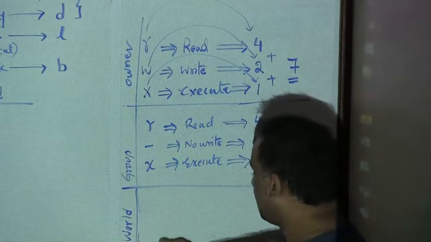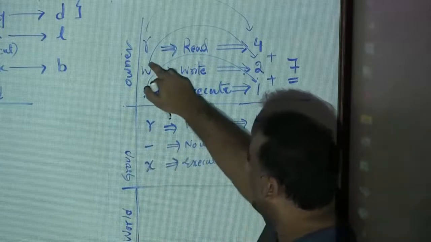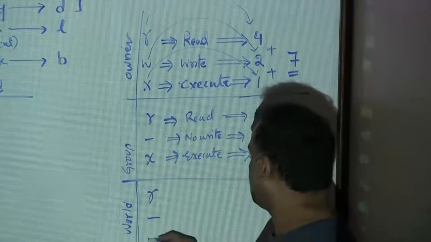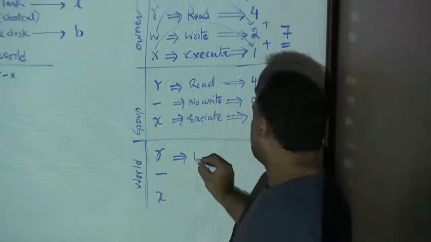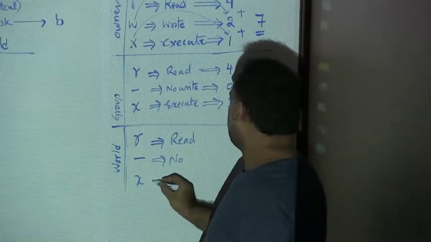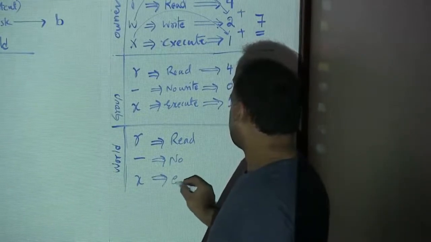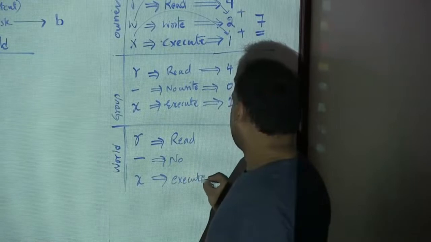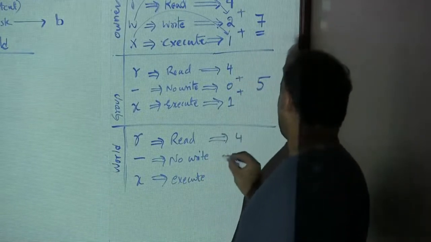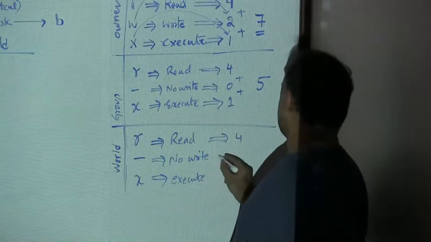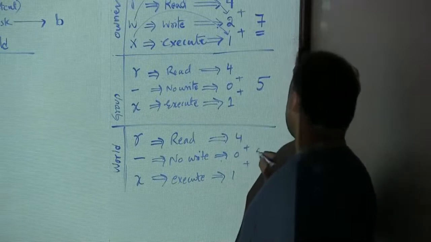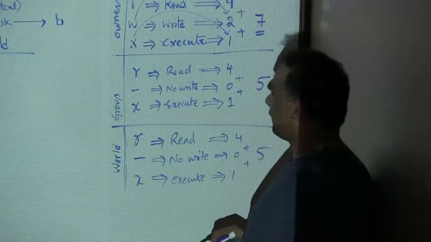But anybody who is not part of the same group and not the owner has read, no write permission, and executable. So here I have read, no write, and executable. So I have 4 plus 0 plus 1. If I add this, I have 5.